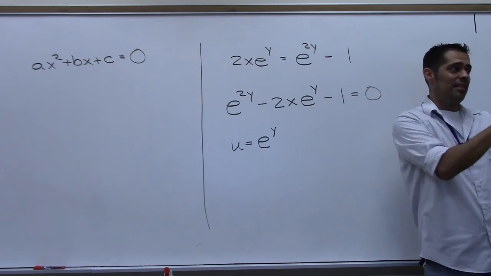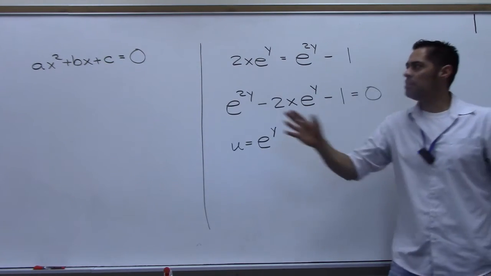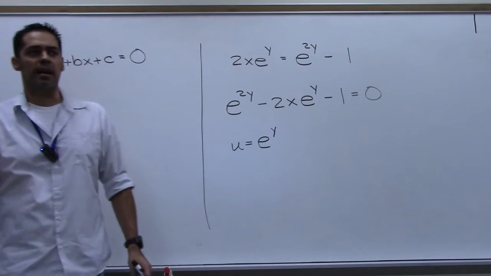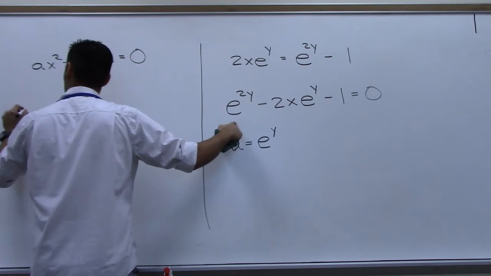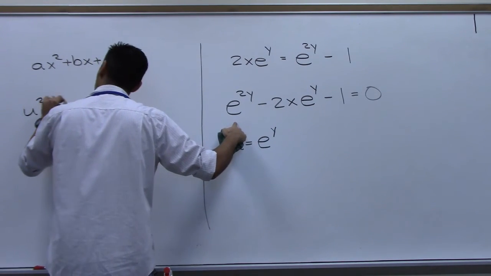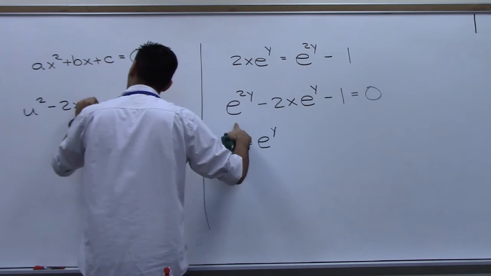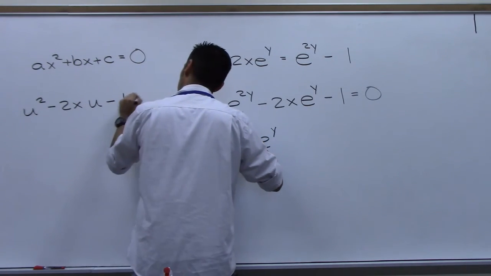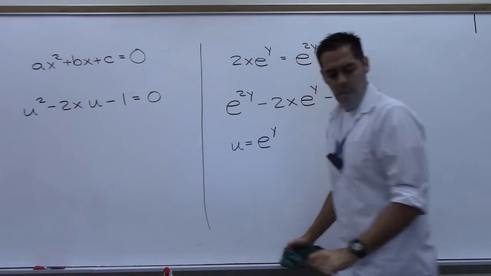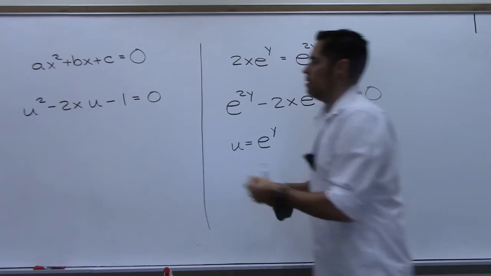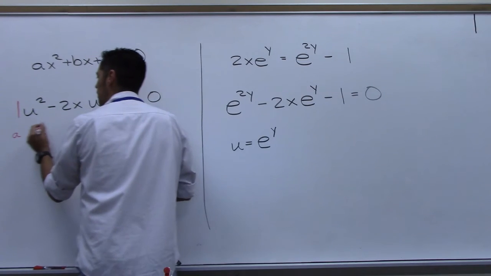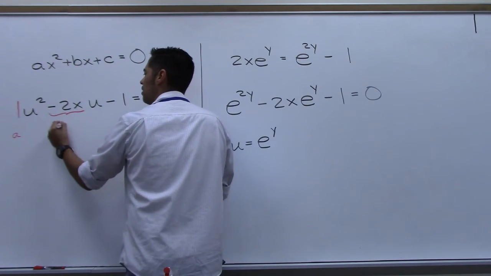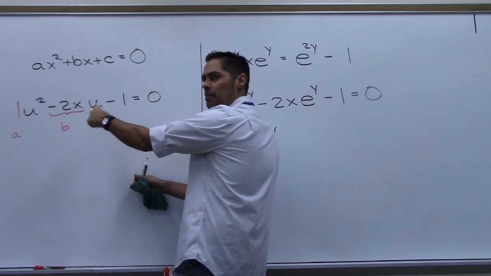But the x is the thing that you've never had before. It's always, this a, b, and c has always been a number, hasn't it? So I have u squared minus 2xu minus 1 equals 0. And so the number out in front here, 1, that's your a. Negative 2x is your b, and that's the part you've never really had.